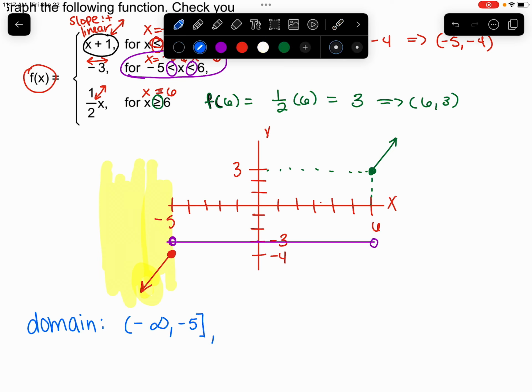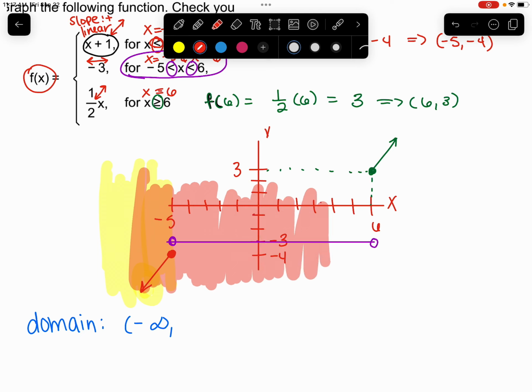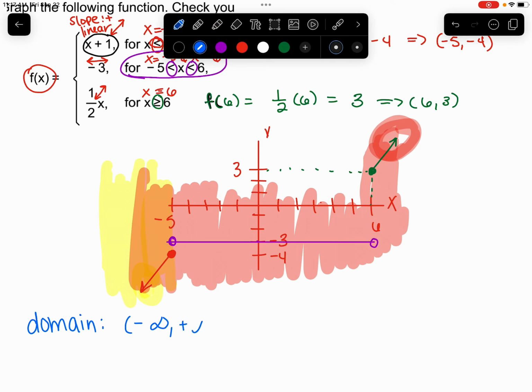Okay, we're not finished with our domain just yet. Actually, yes we are. So there's a closed circle at negative 5, so we just keep going. Still keep going. Oh, look, there's an open circle here, but there's a closed circle up here, so we just keep going still. And we find another arrow. So it's going to be from negative infinity to positive infinity.